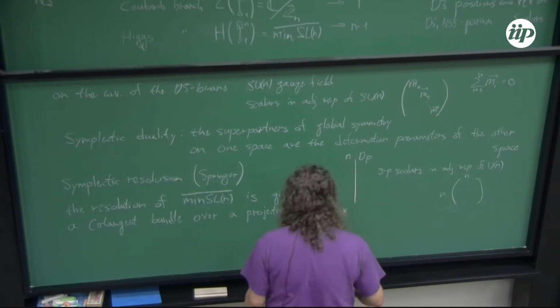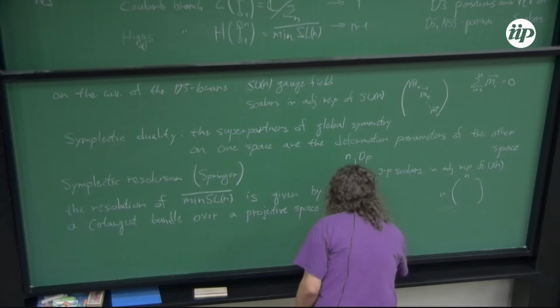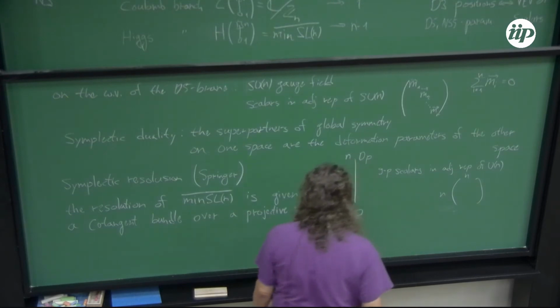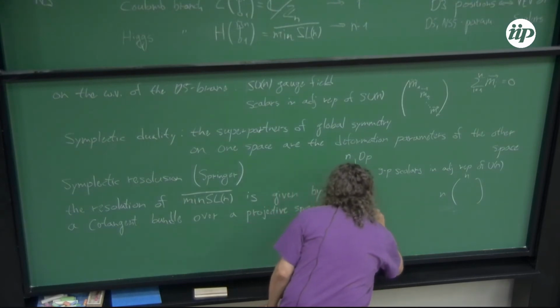That's the cotangent bundle over P, the projective space of dimension n-1.